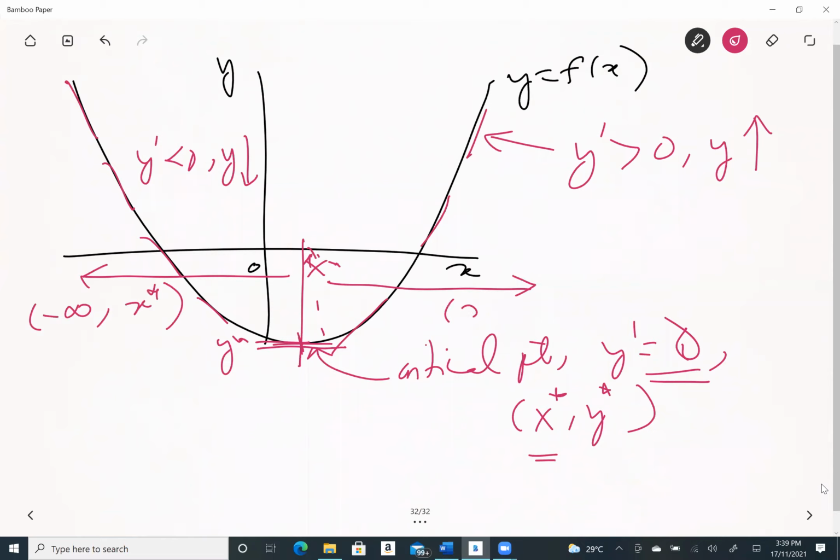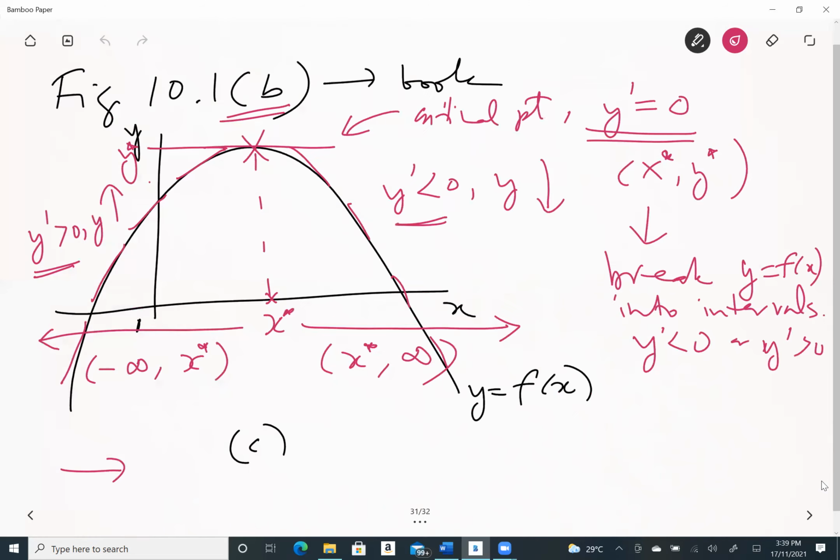And on the other side, I got the interval x star to infinity. We can see clearly over this interval y prime is negative, the other interval y prime is positive. And if I go back to the diagram that I just drew earlier, it's like that.